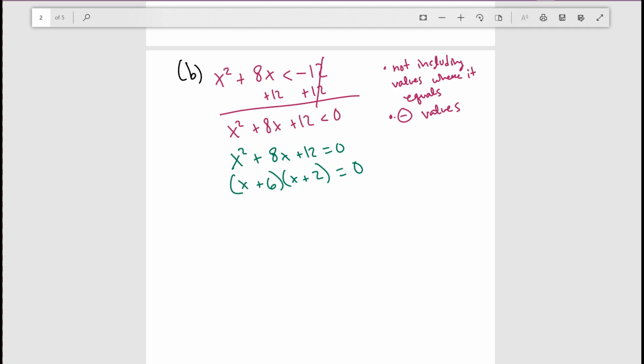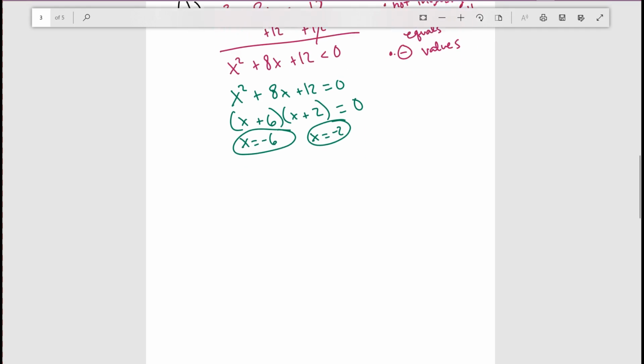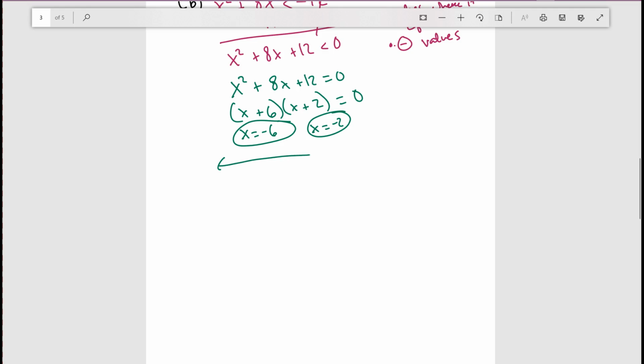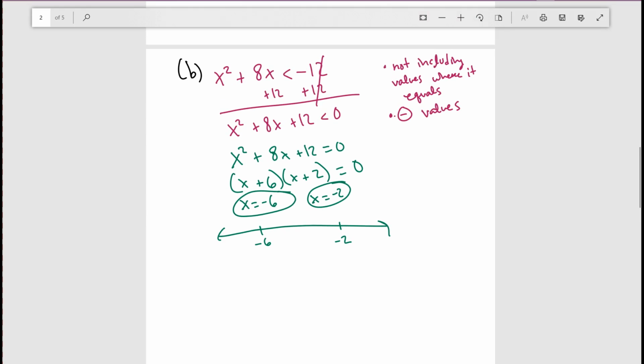They're both going to be positive. So x equals negative 6 and x equals negative 2 are going to be my solutions when I set them equal to 0. So now I'm going to do a number line. Here is negative 6. Here is negative 2. Because I know that they are not included, I'm going to write an open circle for both of these.